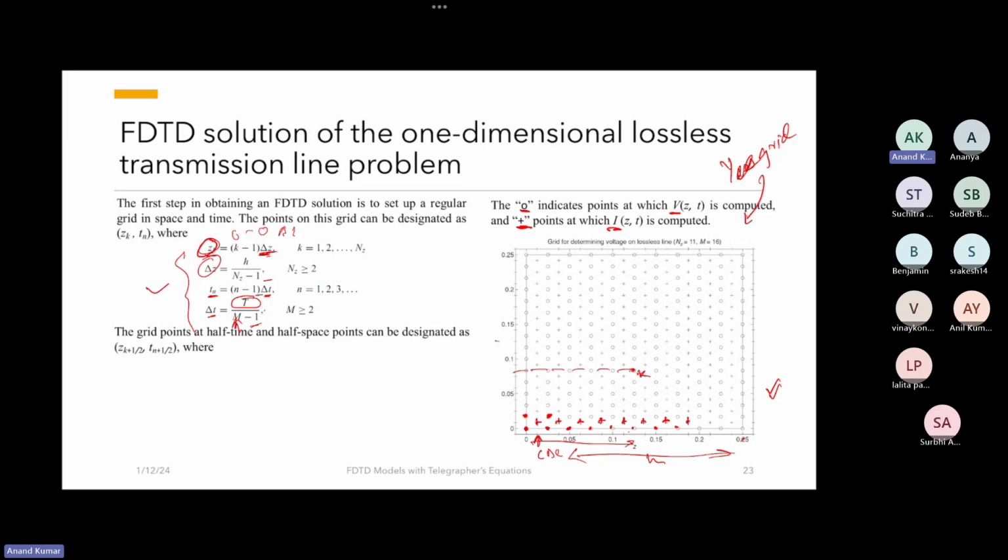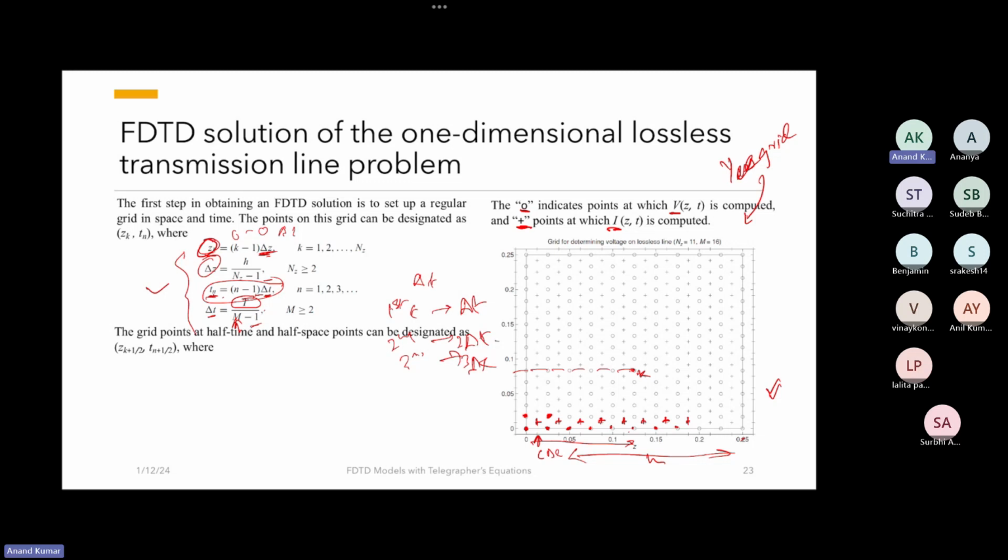Similarly, for each time instant, you calculate a delta t, and for each delta t you will iterate the code. For the first time instant it will be delta t, the second time instant it will be 2 delta t, the third time instant it will be 3 delta t. That's what we are trying to do over here. So t1, t2, t3 is calculated like this.